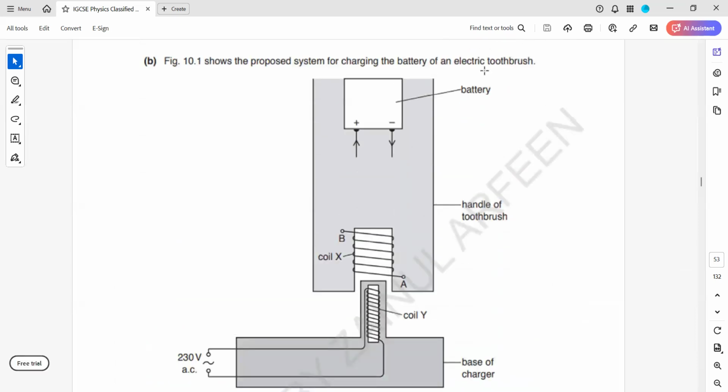The charging and discharging currents are opposite in direction. So they are right in terms of the concept, but you're confused with the diagram, because if it's positive, the current should be out, and if it's negative, the current should be in. But because they represent charging, for charging the current is always opposite.